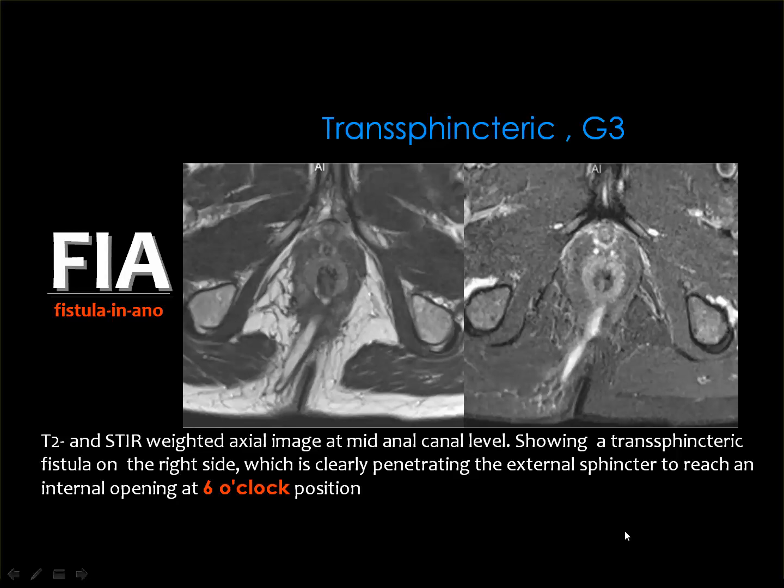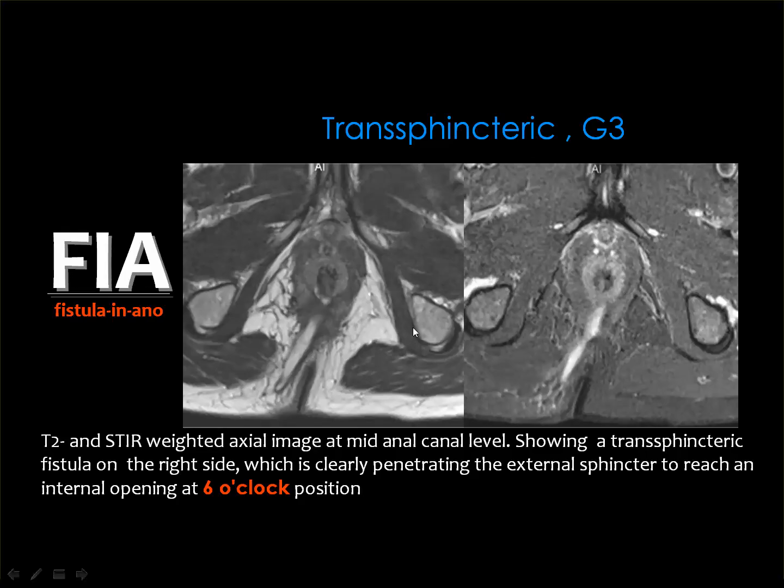Then we came to the transsphincteric fistula, where the fistula tract crosses the internal sphincter and the external sphincter. And this is a good example where you see the internal opening at 6 o'clock position, and you see the tract passing through the ischioanal fossa until it reaches the skin.